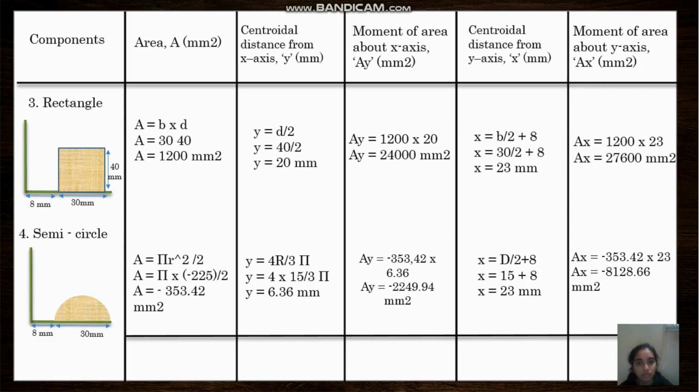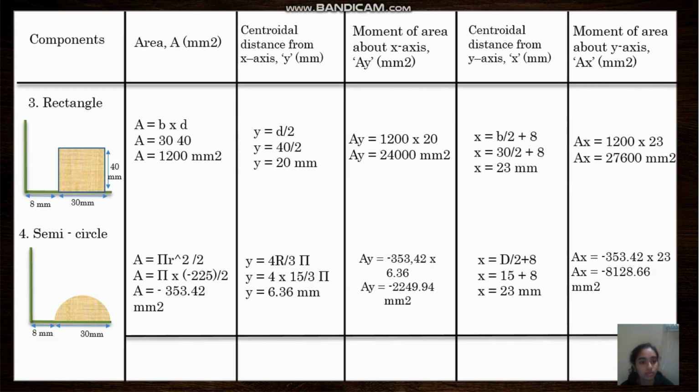Moment of area about x-axis, we multiply area and centroidal distance from x-axis, we get minus 2249.94. Centroidal distance from y-axis, the formula is d by 2 plus 8. Plus 8 is the distance between the semicircle and the y-axis, so we are gonna add that. We get 23 millimeter.